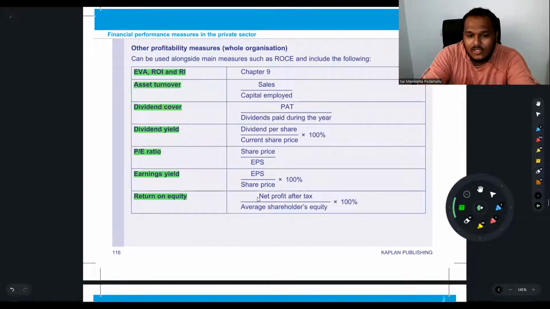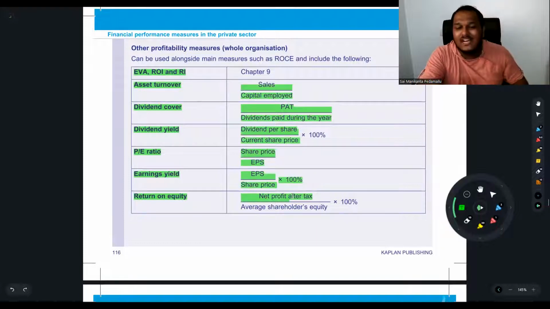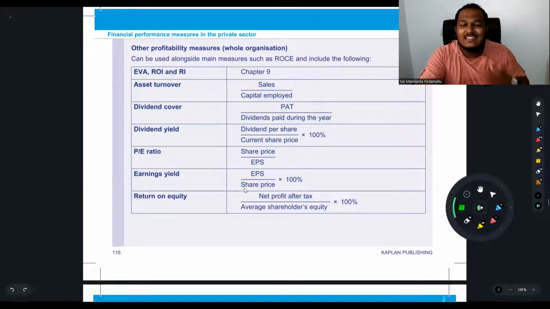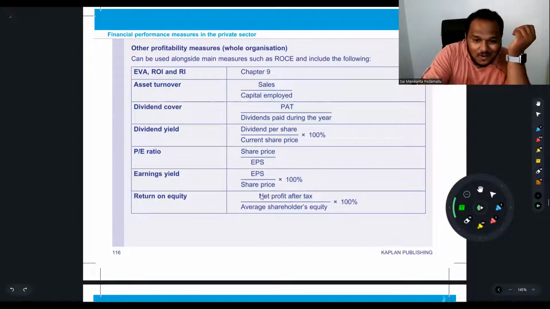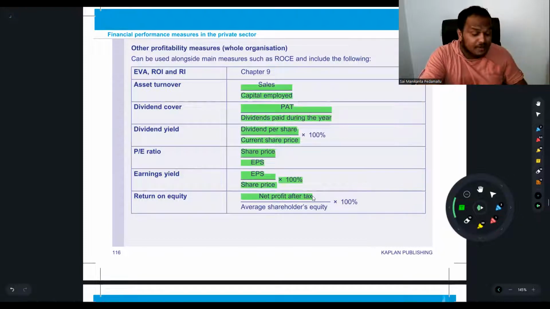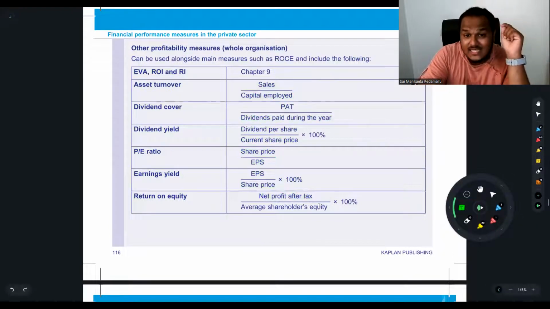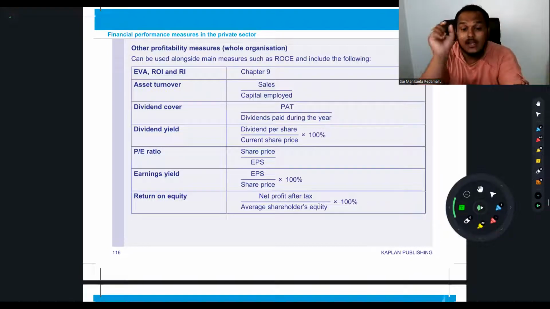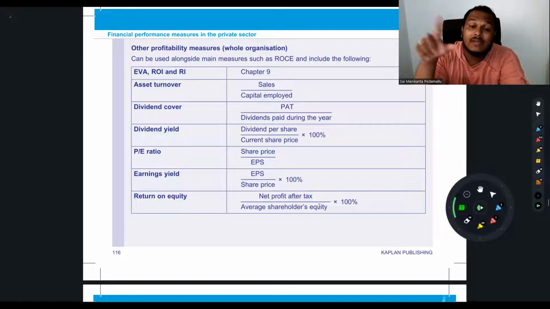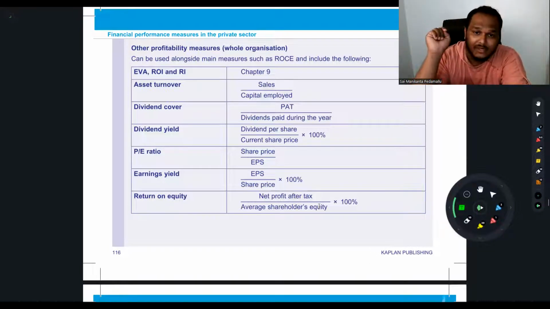So return on equity talks about net profit after tax here. This is why I do not trust books; I do not trust these publishers sometimes. Net profit after tax: if your preference dividend is non-cumulative, then that preference dividend should be treated as an equity dividend, which will be deducted from retained earnings in the statement of changes in equity.